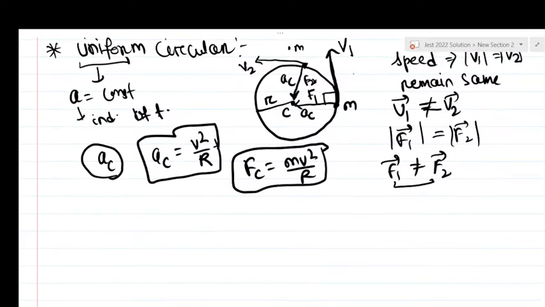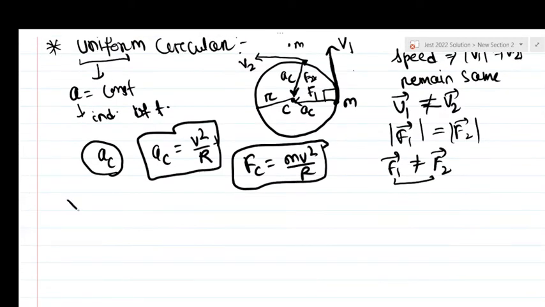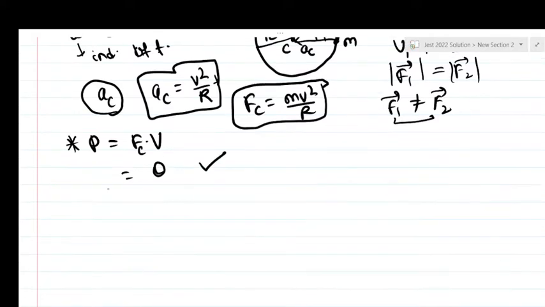And as you know, the power delivered is power equal to force into velocity. The force is the centripetal force, so the angle between the force and velocity is 90 degrees. So the power delivered will be 0 in this case. Let us see what happens in non-uniform circular motion.